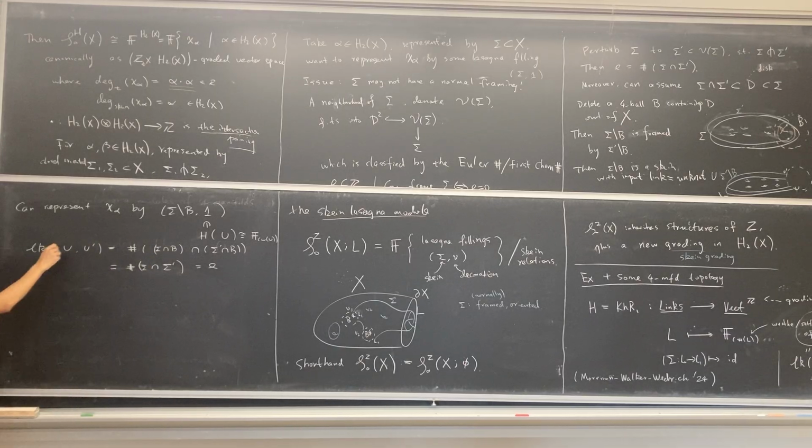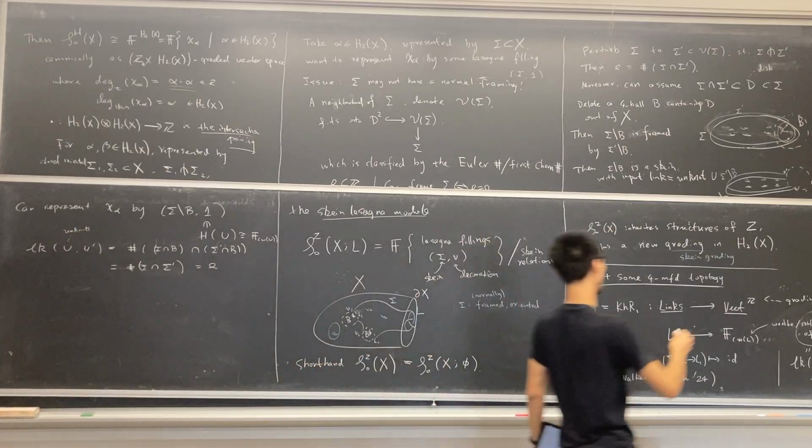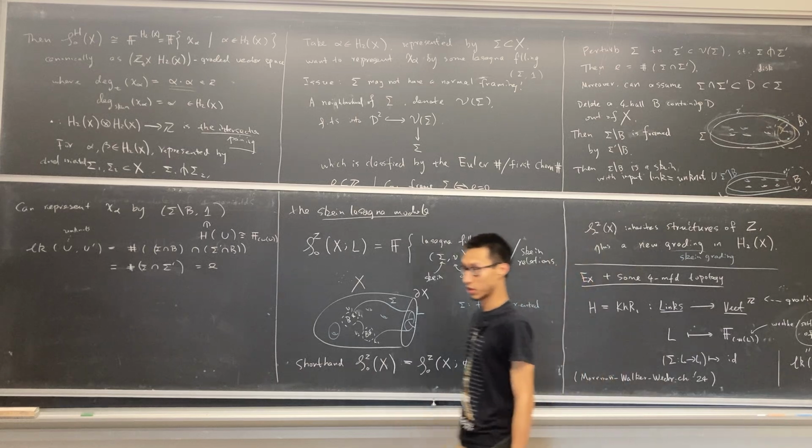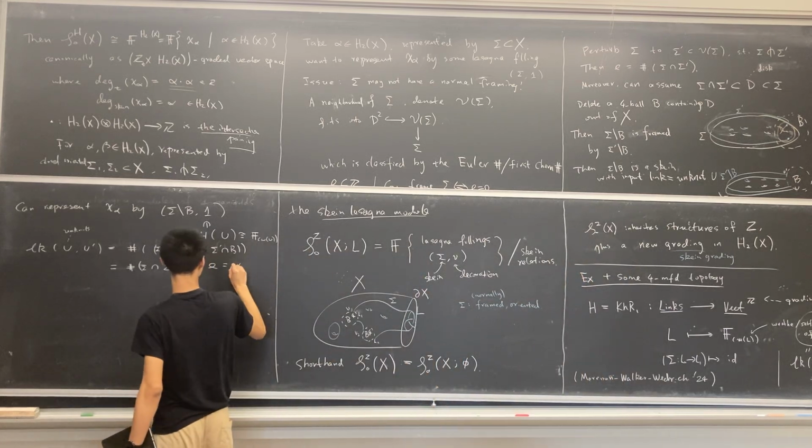U and U prime are links? U and U prime are unknots, unknots in the boundary of the four-ball. So you're just recovering the Gauss number from both dimensions.